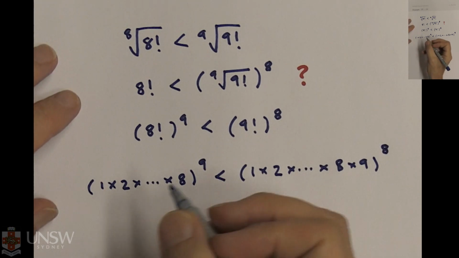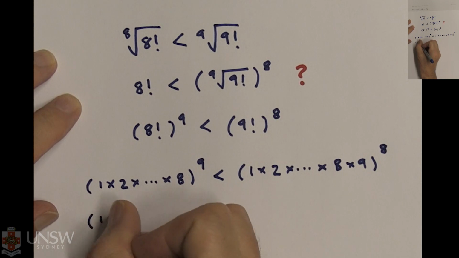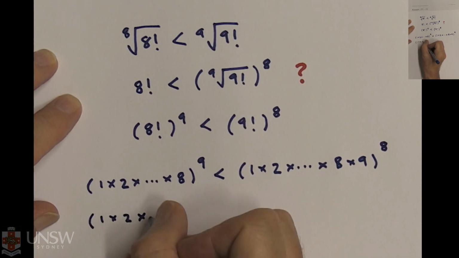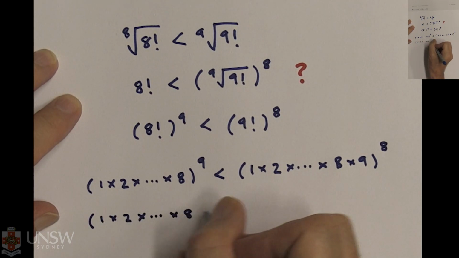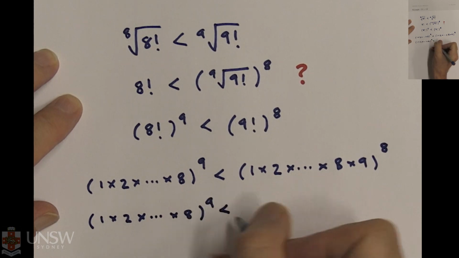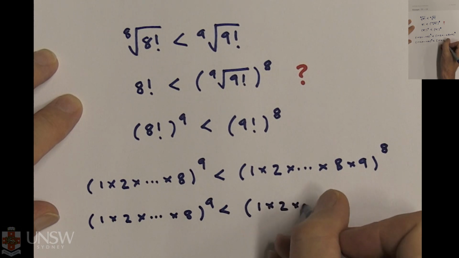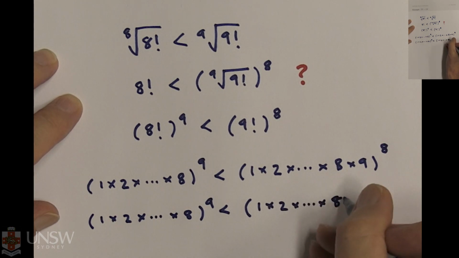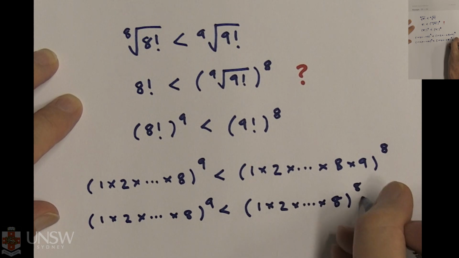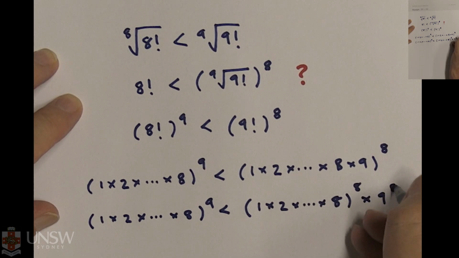There's many ways you could do it. So, for example, I could say to get rid of a lot of 1, 2, up to 8 factors, I could rewrite this in the following way by using power laws.